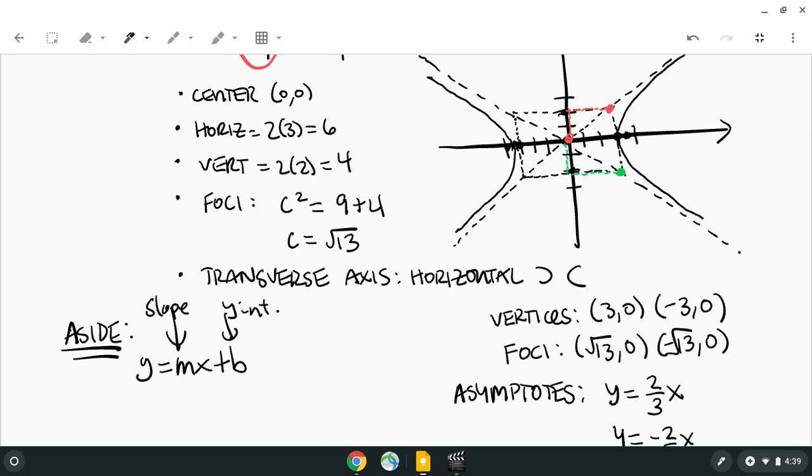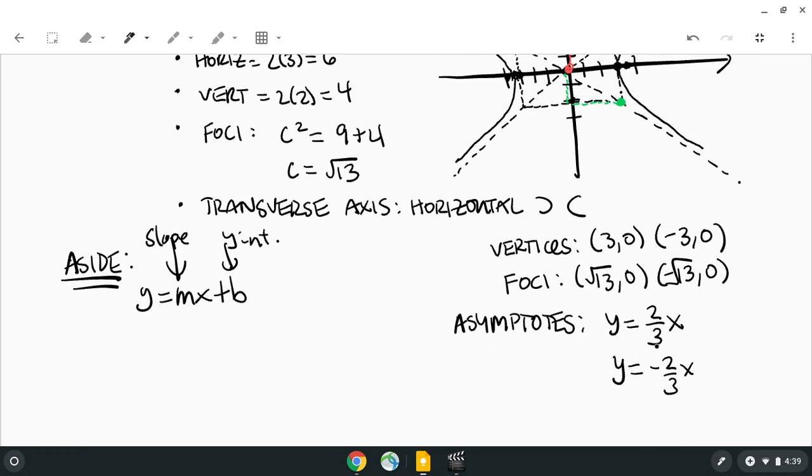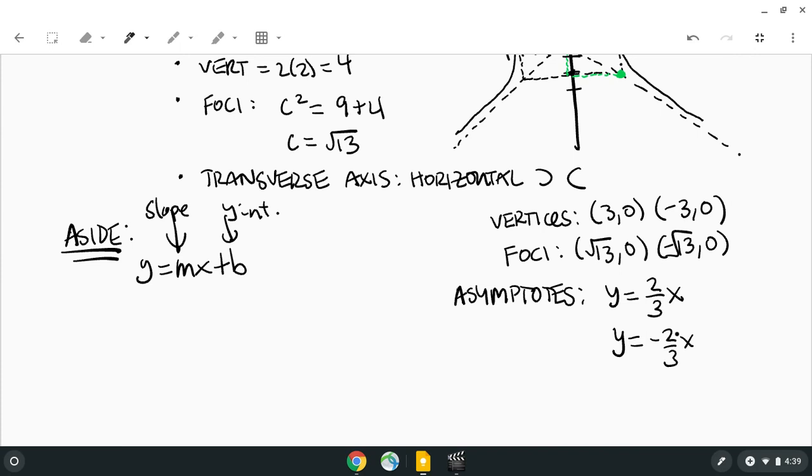If you don't, then you'll need to find the equation of these lines algebraically. I'll have an extra video on Canvas if you forgot how to write the equation of a line.